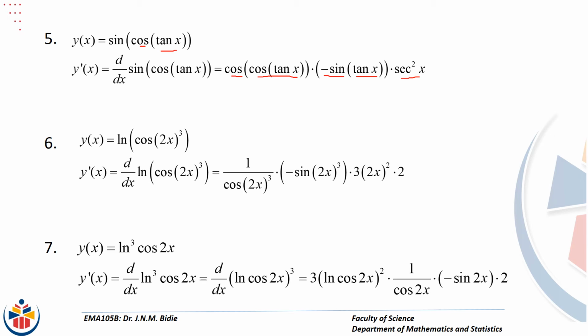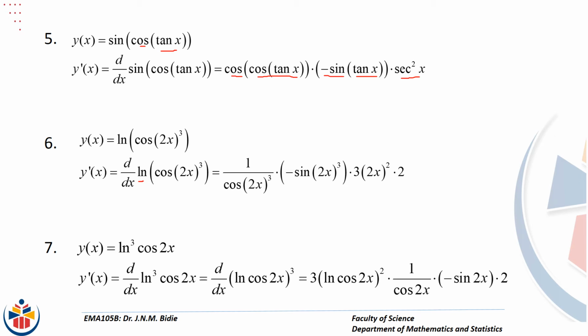Then we go to number 6. The derivative of ln of cos of 2x cubed. First thing we encounter on the outer part is ln. And we know the derivative of ln x is 1 over x. So ln, when you differentiate it, always take its argument to the denominator.